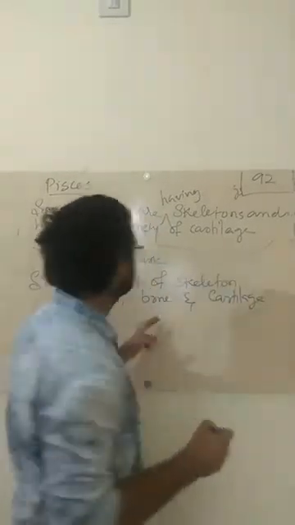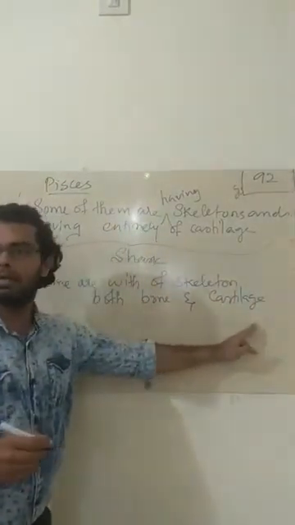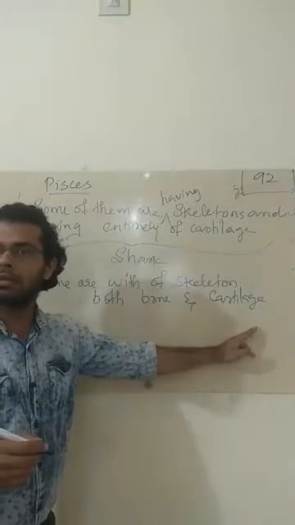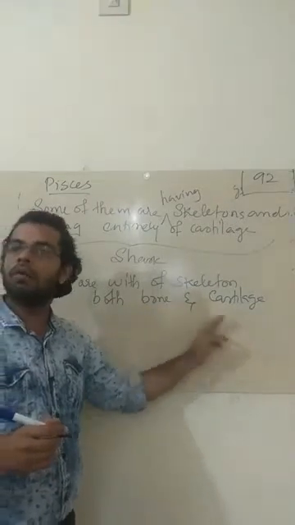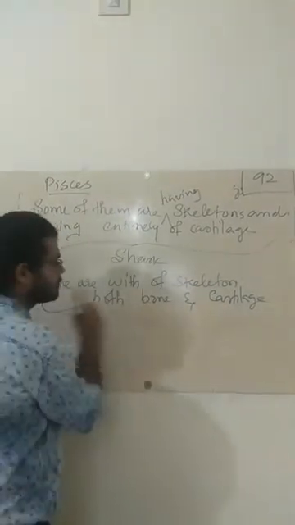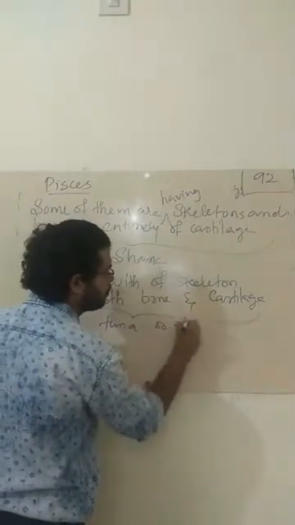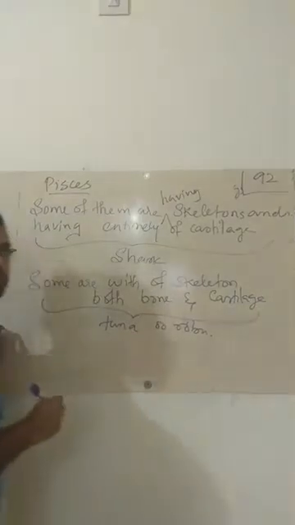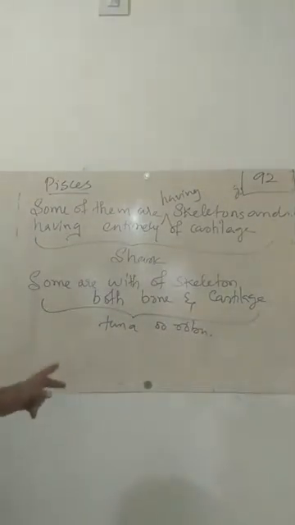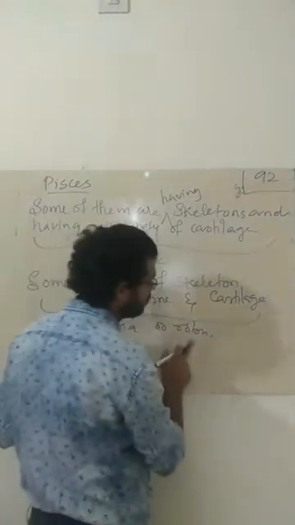Some of them are with both bone and cartilage, such as tuna or roe.